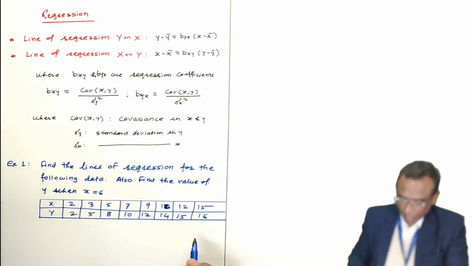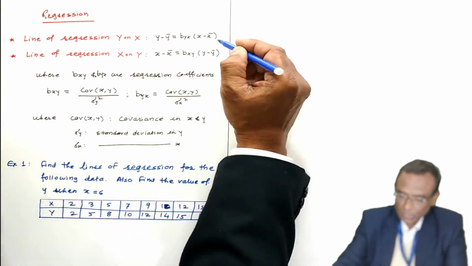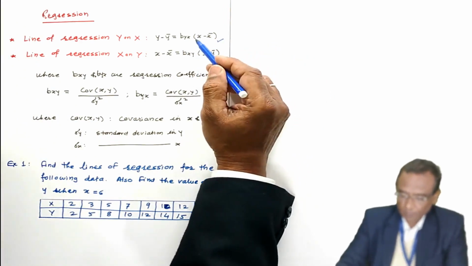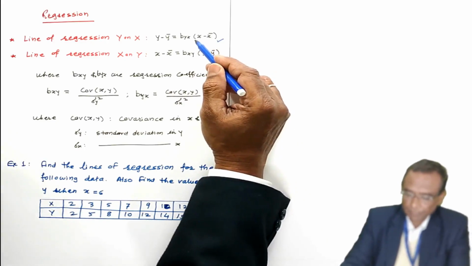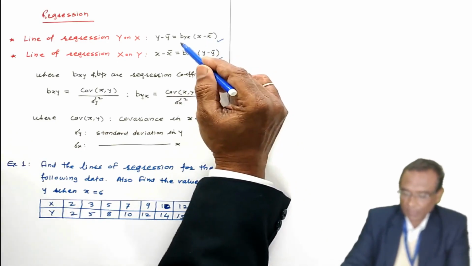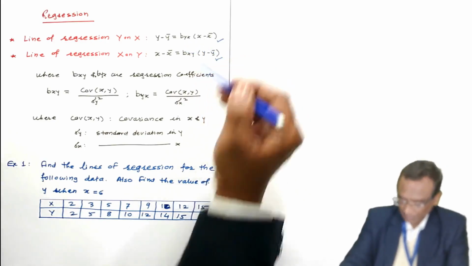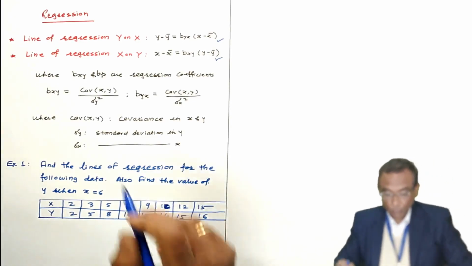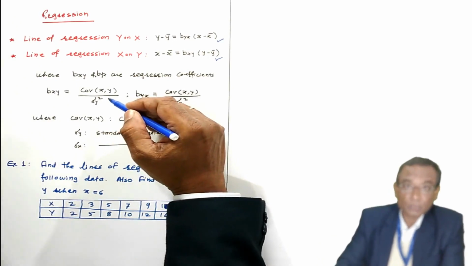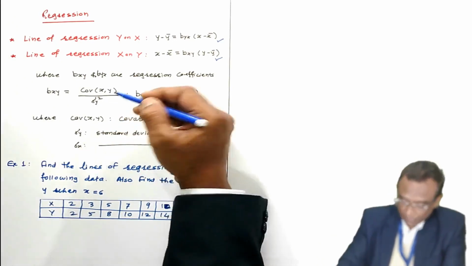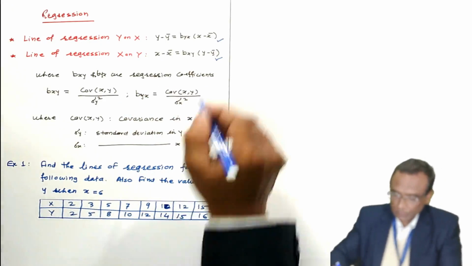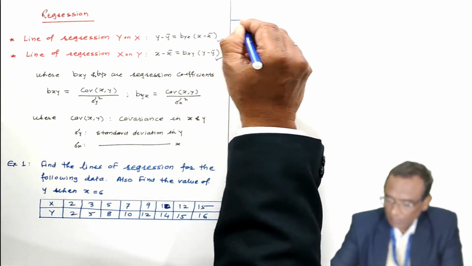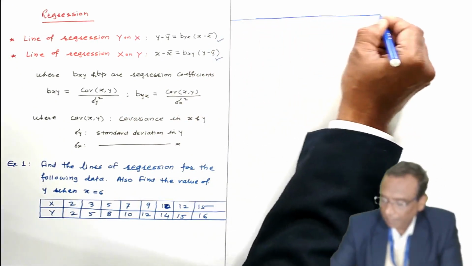Now, we have to find the line of regression. Just concentrate on this. What does this require? This requires x bar and y bar, means mean values we have to find. Mean value of x, mean value of y. Then covariance also we have to find, standard deviation also. Now, I am going to solve this problem.